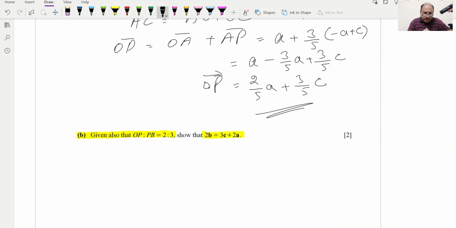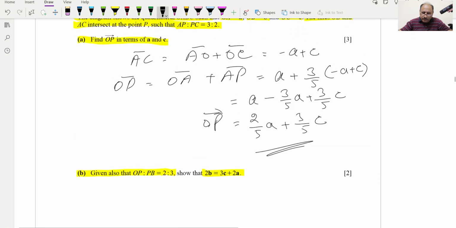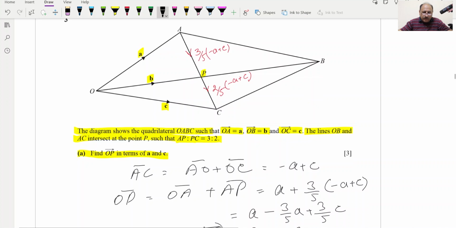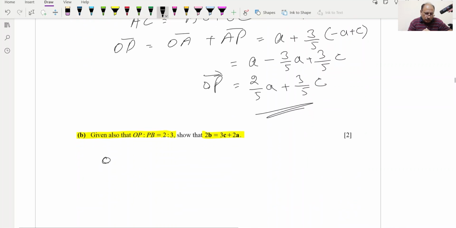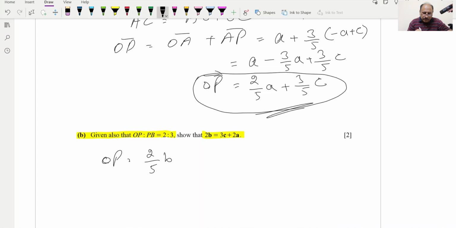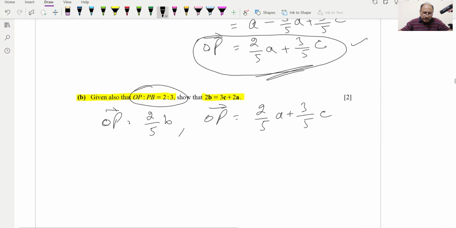So OP is equal to 2/5 of B, and OP we know from the previous part is 2/5 of A plus 3/5 of C, which is from part A. Now we can equate these two, so this equation we have written from this one, so we can equate them.